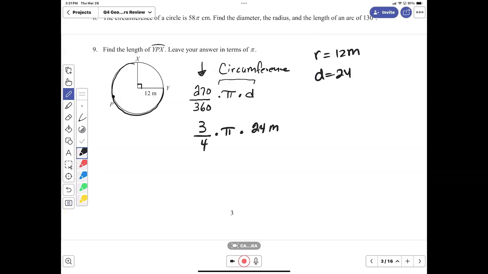We know that 270 divided by 360 simplifies to 27 over 36, which reduces to 3 over 4, times pi times 24. We know that 4 divided by 4 is 1, and 24 divided by 4 is 6. So the length of this major arc is going to be 18 pi meters. And it did say to leave it in terms of pi.